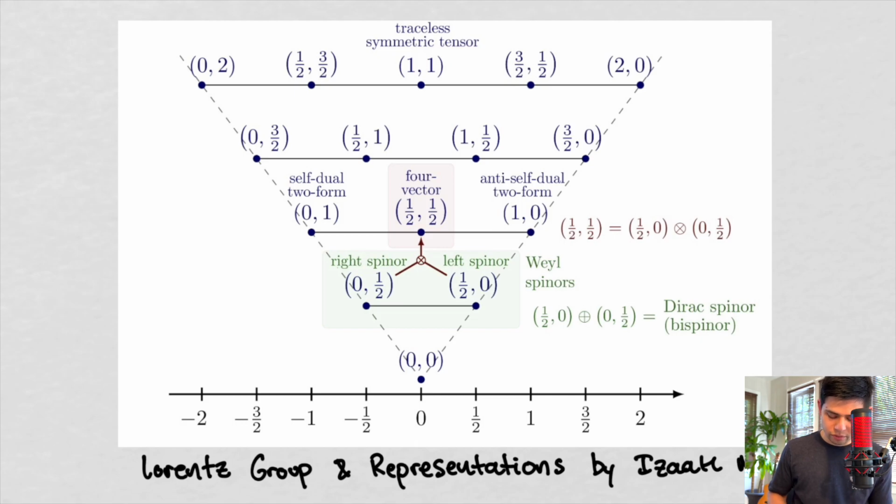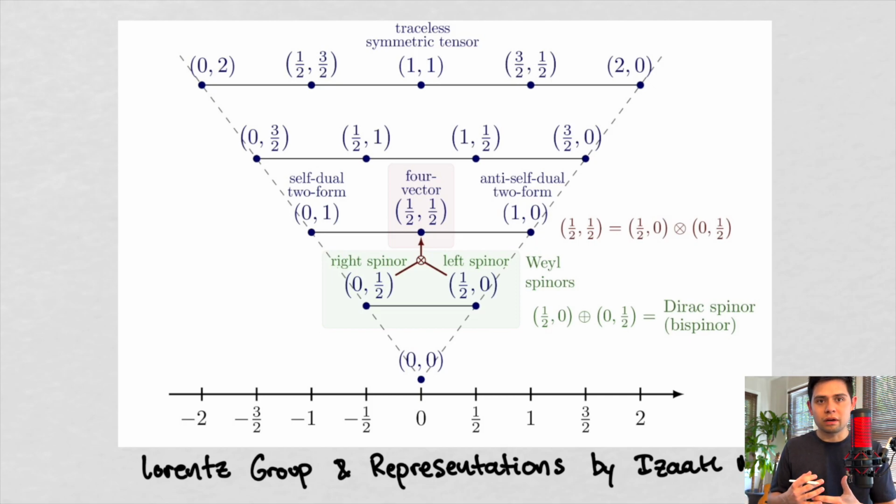And then as we increase the number of dimensions that's representing our group, our Lorentz group, which is what we're going to get to, each one of these labels is a label on a specific type of representation of the group that we're talking about.